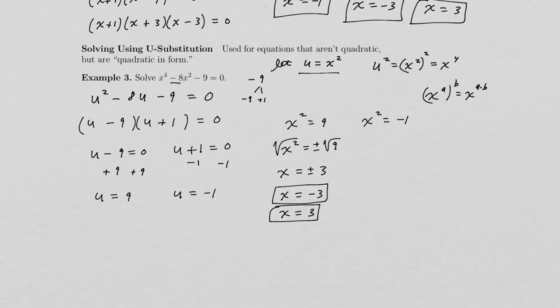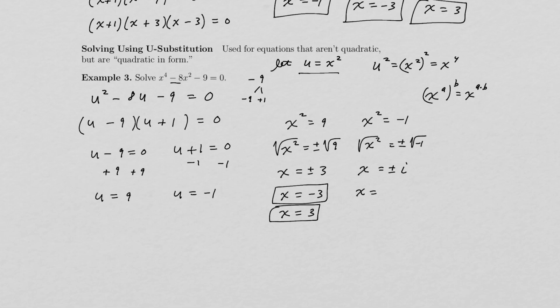And then over here, if I use the square root property, again I have plus or minus the square root of negative 1. Remember, the square root of negative 1 is not a real number. It has that special definition that we use. It's an imaginary number i. So this gives us the solutions x is equal to plus or minus i.